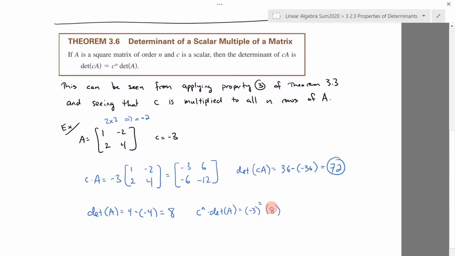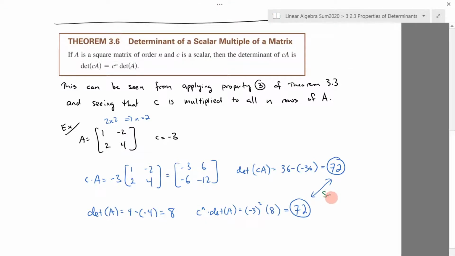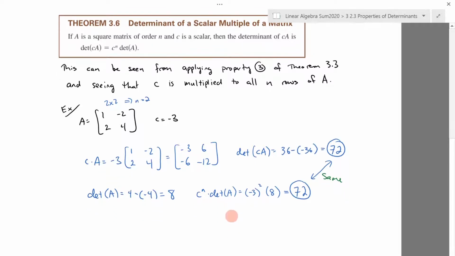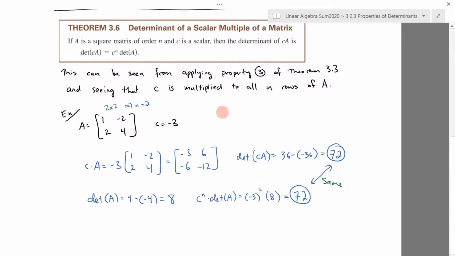So that's 6 times 8. No, 9 times 8, because negative 3 squared is positive 9, and then 9 times 8 is 72. So again, we see that these two are the same. Okay, so that's the determinant when we're dealing with scalar multiplication.